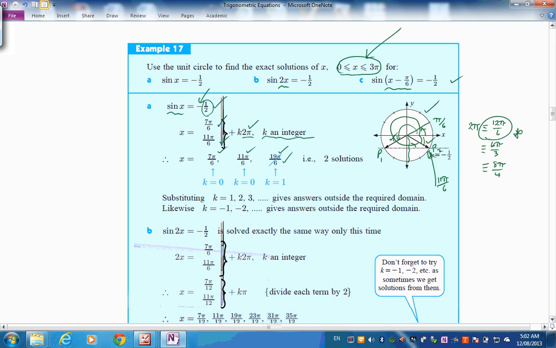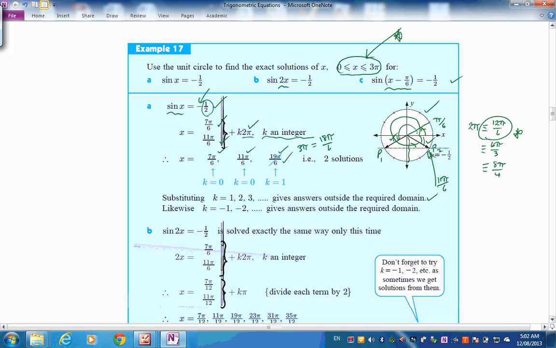That's gone past 3 pi, because 3 pi would be 18 pi on 6. So we didn't make it. Another half a revolution around here to get to 3 pi doesn't pick up another angle. So there's only two solutions.